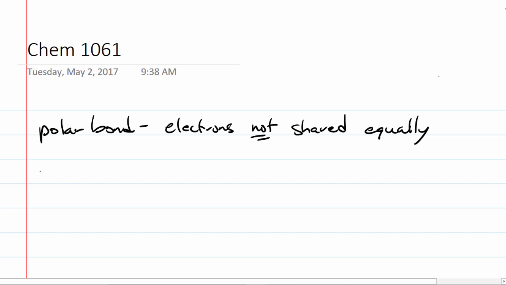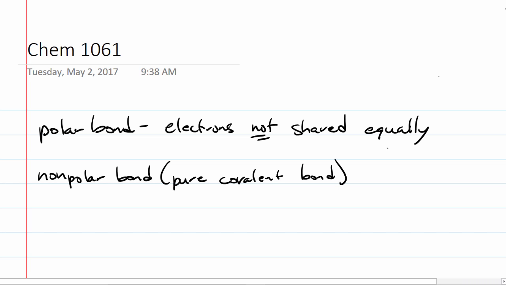Whereas a nonpolar bond, which your text also refers to as a pure covalent bond, we said in these cases that the electrons are shared equally.